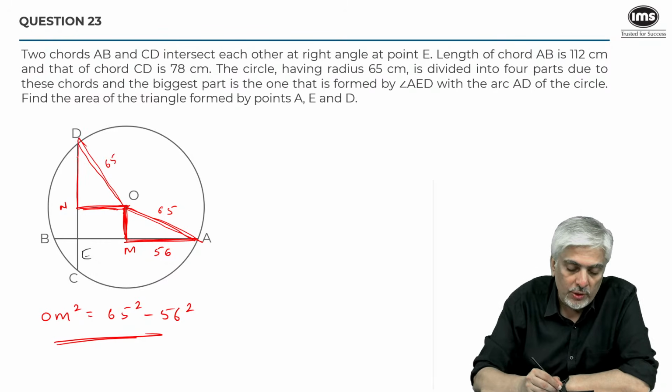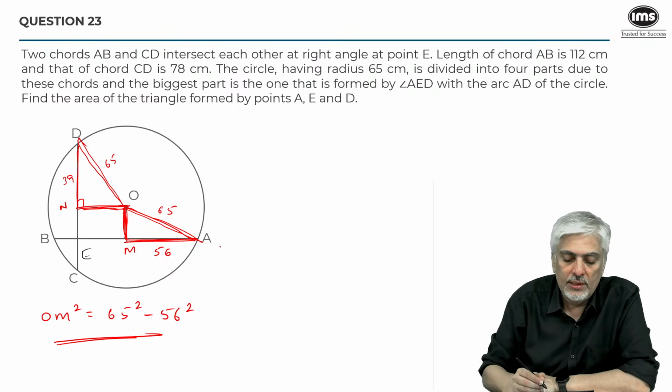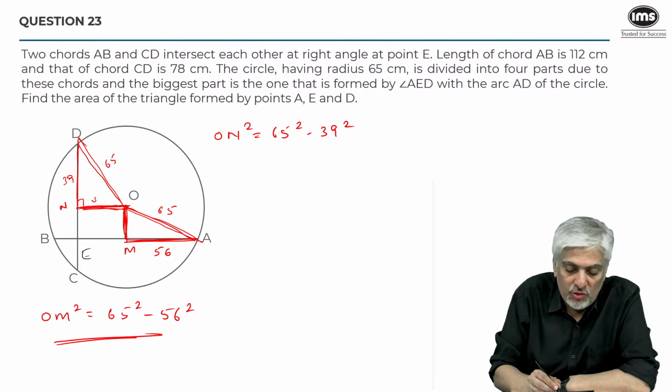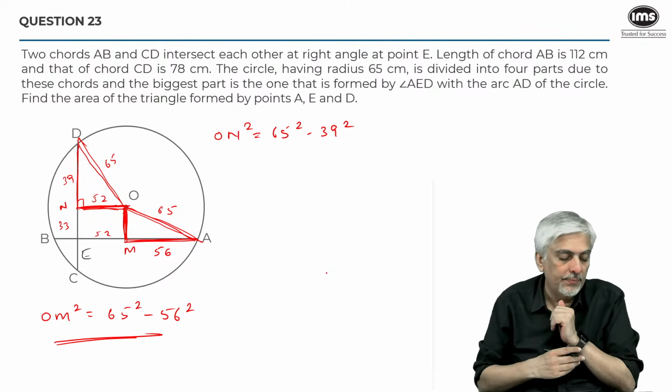I knew DN was half of 78, which is 39. So ON square was 65 square minus 39 square. So basically we got this as 52 by Pythagoras. So EM also came out to be 52. And we got this as whatever we had got, I think 33. So therefore CN is also 33. And you get the two sides which you want.